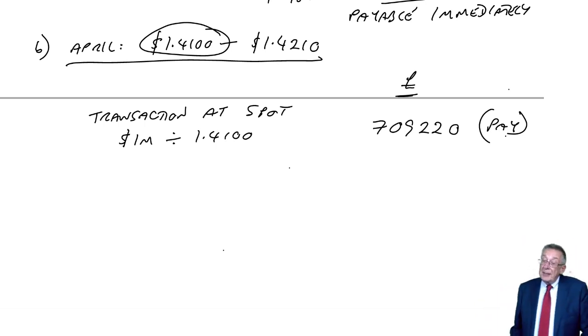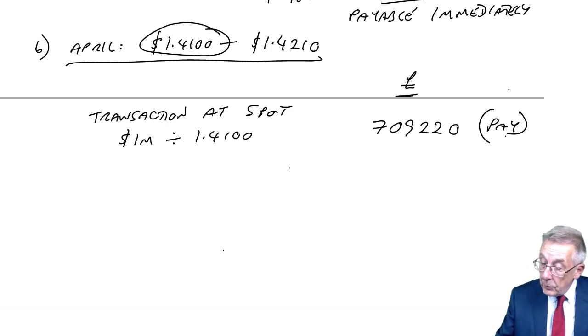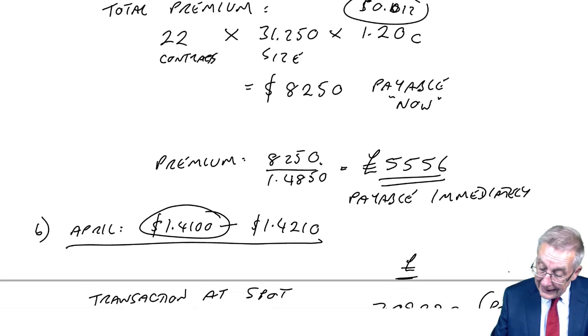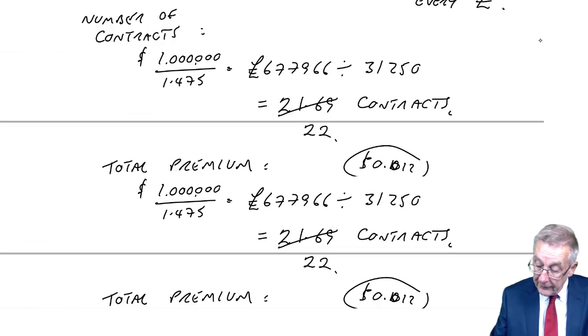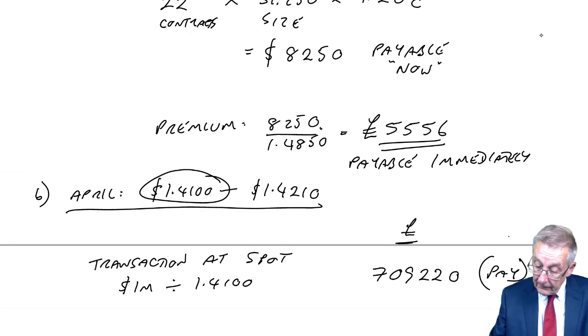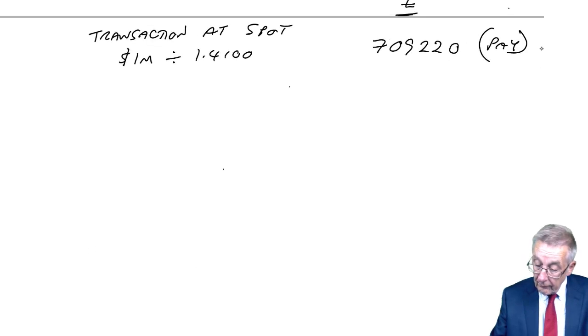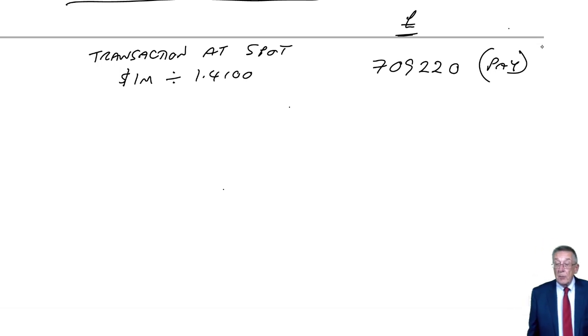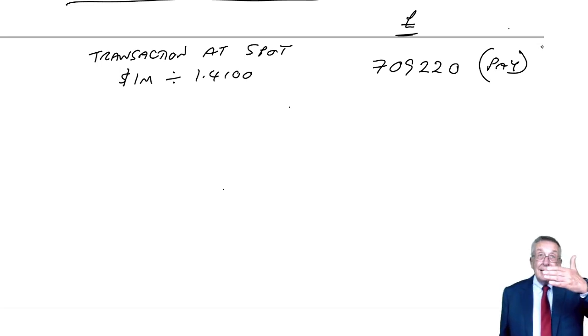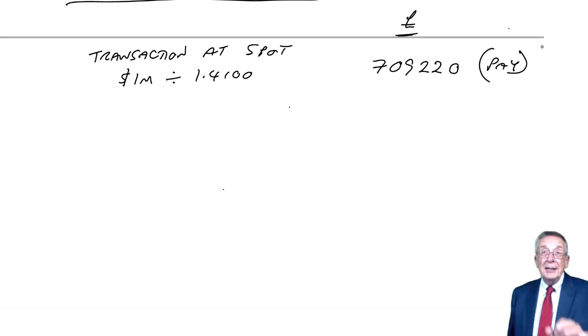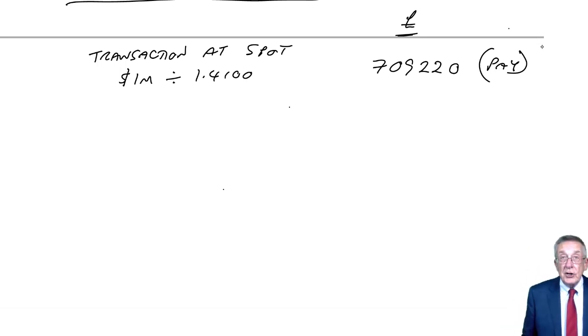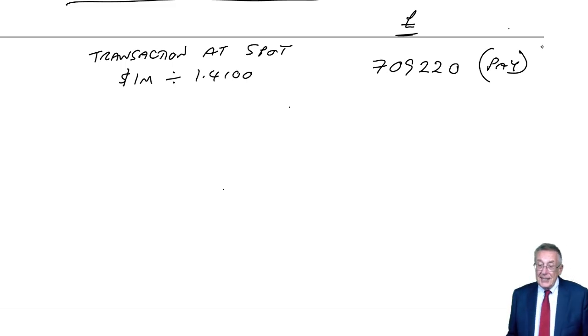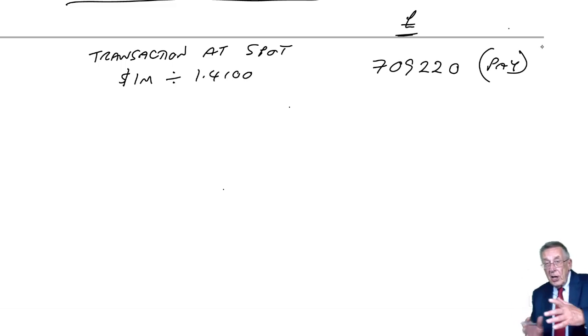If the strike price is better, we'll exercise the option. Well, what we do here, our option was the right to convert at 1.475. And of course, it's better to convert at 1.475. But the option was only on however many contracts we went for, I'll check back in a minute, 22 or whatever it was. And so the way it works is this. I've already said if you're not exercising the option, that's the end of it.